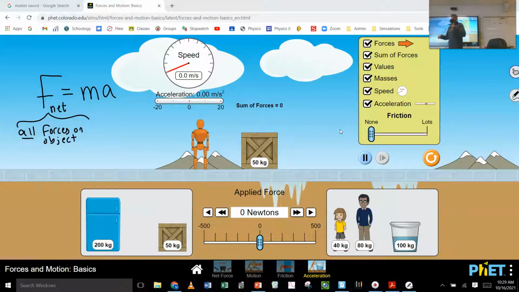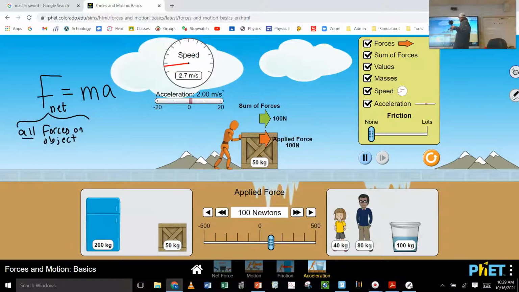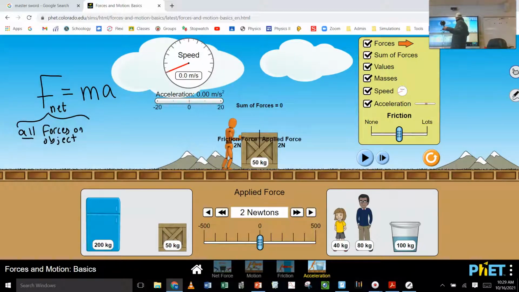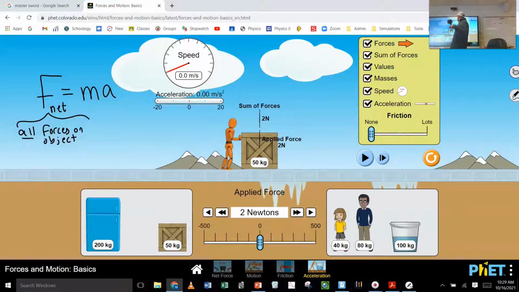There are two forces at work here. I'm going to push on this. Let's push on it with 100. I'll pause this. So I'm going to push on this with 100 newtons of force.